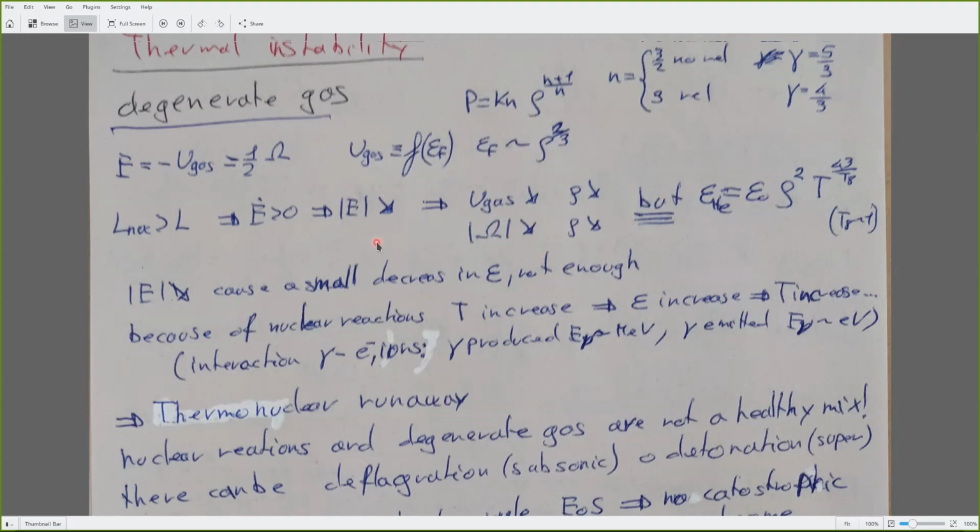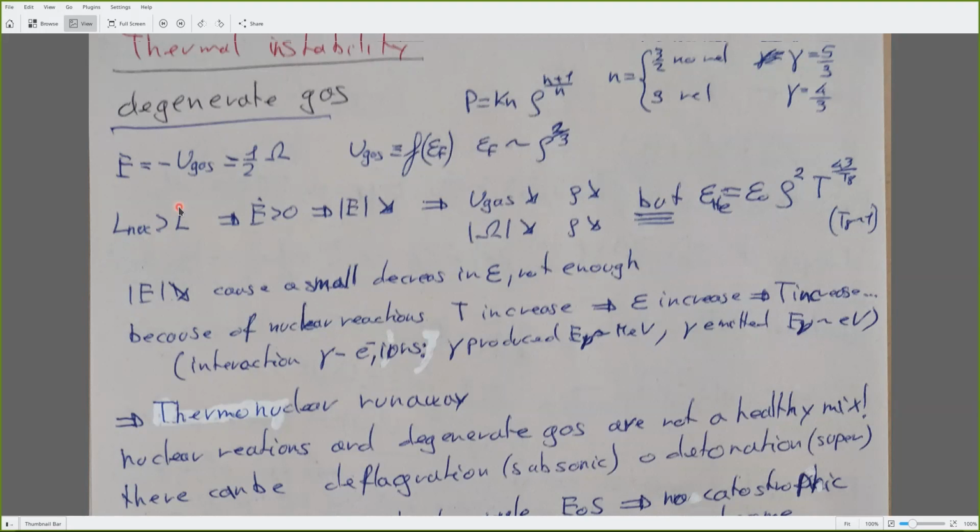So going back, what happens if nuclear reaction is increased? At the beginning, obviously, the degenerate gas has no production of any nuclear energy.